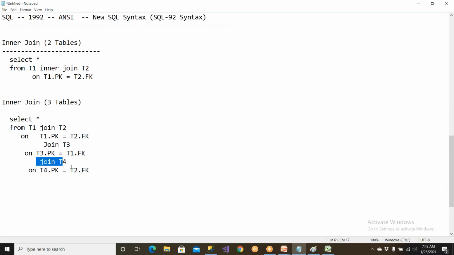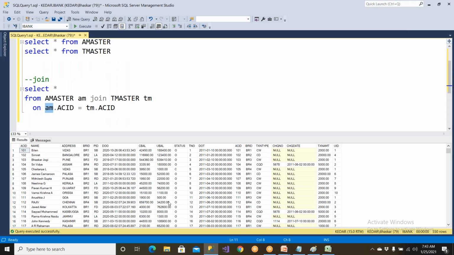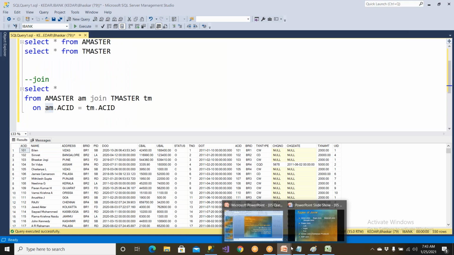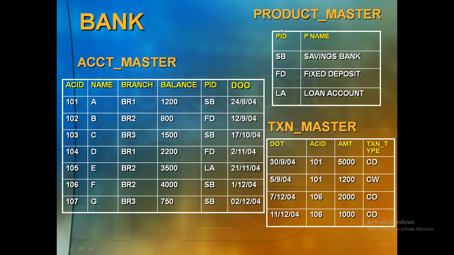Am I clear? So if you wanted to join three tables, this is how you should be able to join. For example, I wanted to join these three tables: product master and transaction master are joined, and I would like to join this table with this table.